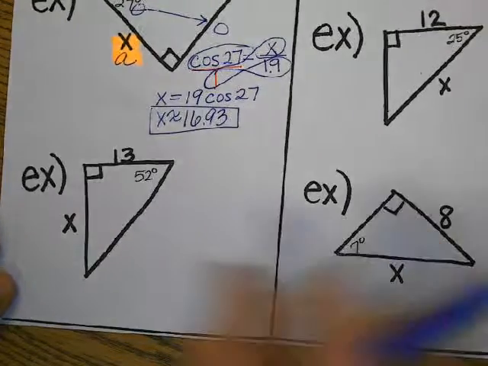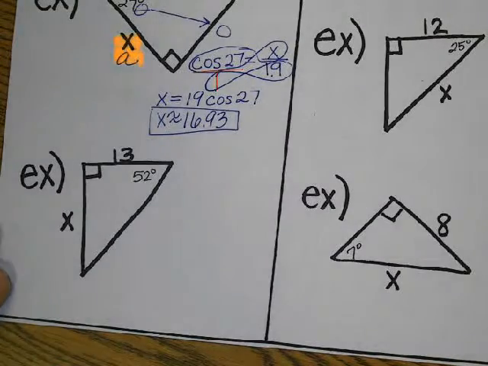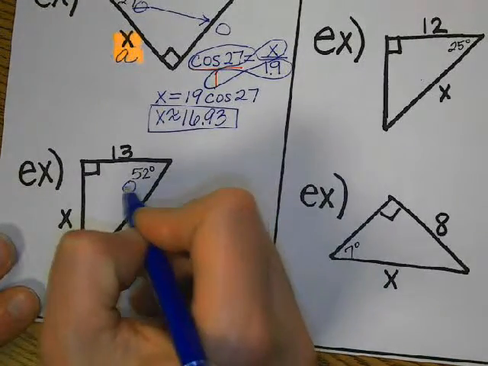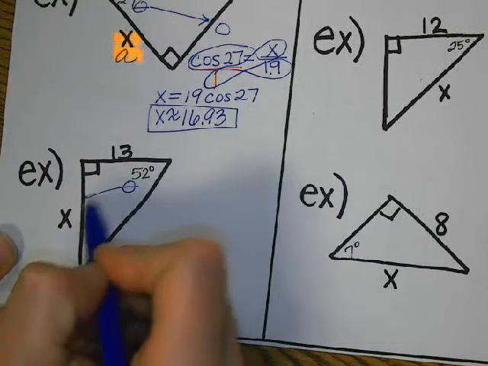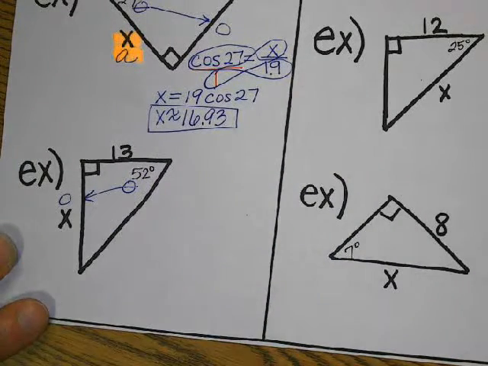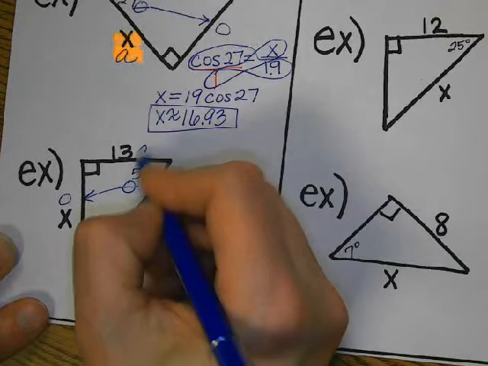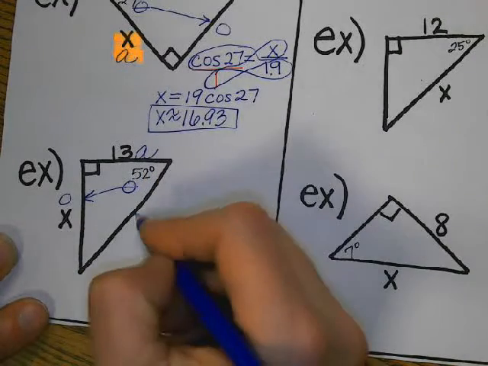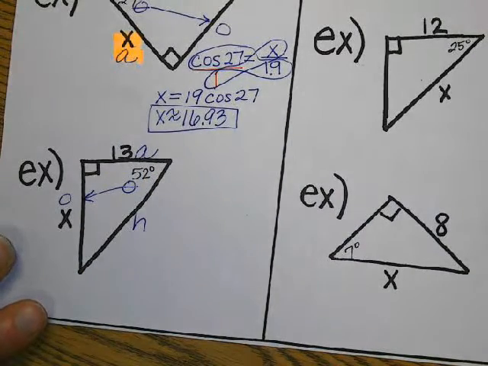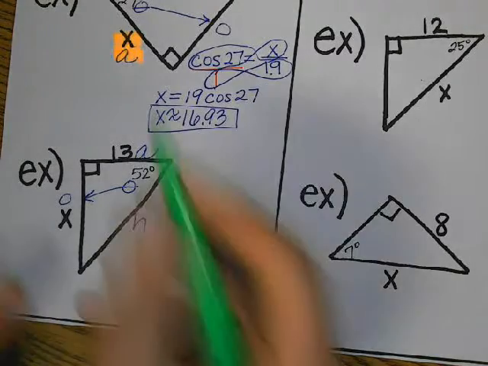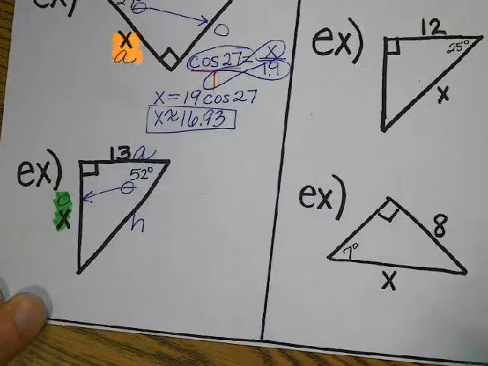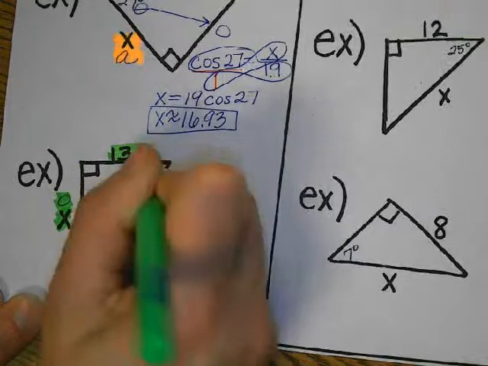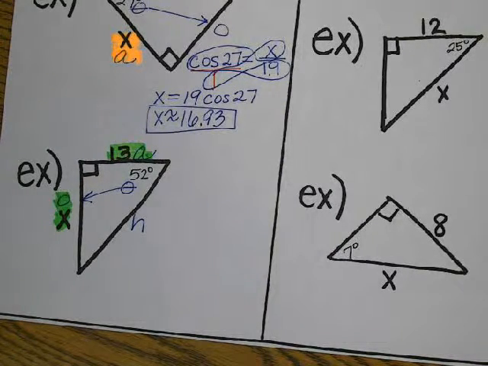Alright, last one on this side. We're going to go ahead and say this is theta, so across from theta is the opposite. 13 is adjacent, and here is my hypotenuse. So which ones did they give us? They gave us x, which is opposite, and 13, which is adjacent.